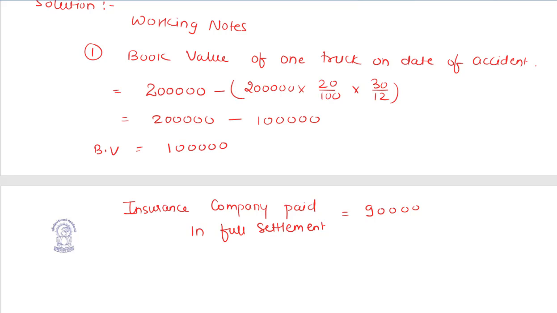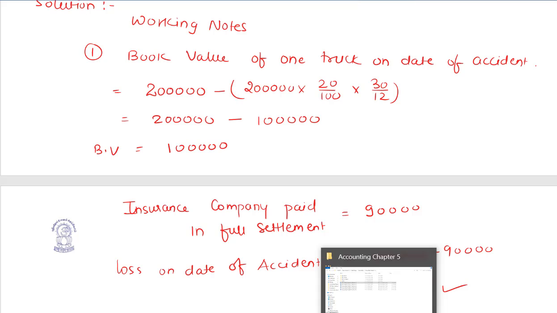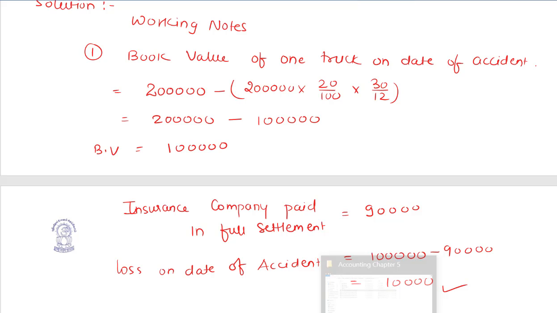So loss on date of accident equals 1 lakh minus 90,000 that we have received, that is 10,000. 10,000 is the amount of loss. I believe you understood that the loss is 10,000 as our truck met with an accident.